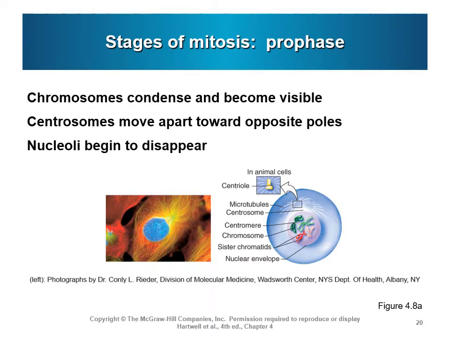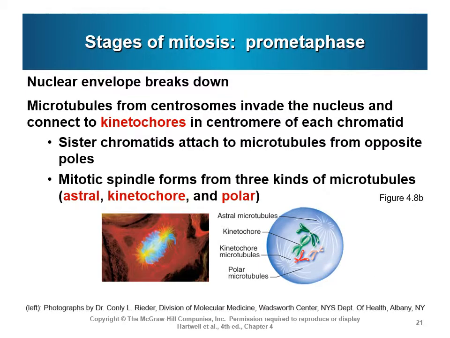So here is a nice visualization of the prophase. Here is a very nice visualization of the prometaphase. On the left picture, the red is the environment, and then the yellow are the fibers, and blue is the DNA.